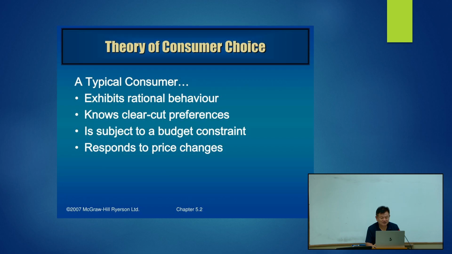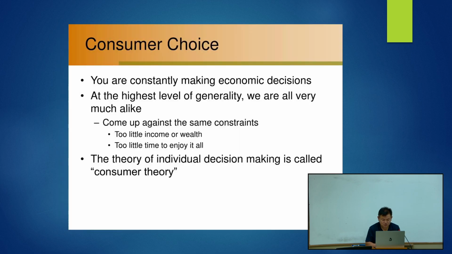Clear-cut preferences means that needs and wants are unlimited, but you cut the preferences according to a budget plan. It's subject to a budget constraint, your money. And also response to price change. You are waiting for the big sales, online or offline, and some used or not. There are many kinds of response to price change, and then you can get it. This is consumer theory, consumer choice.